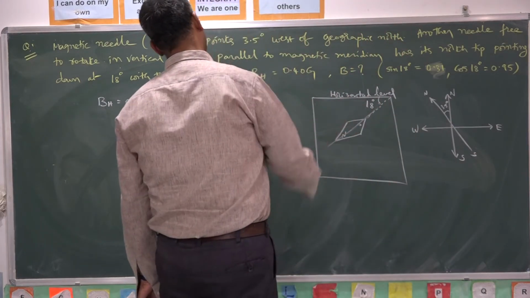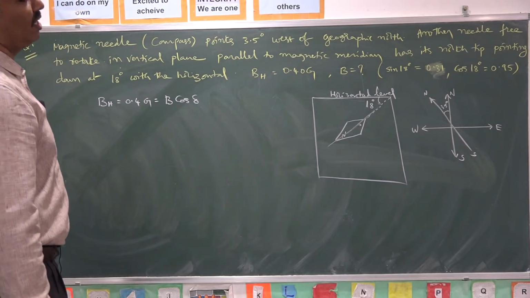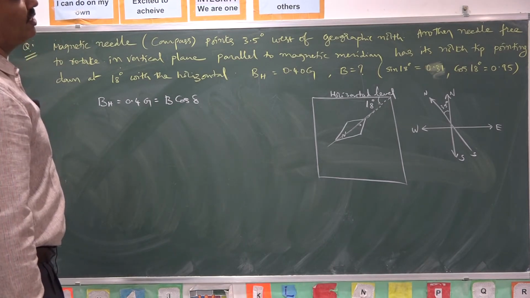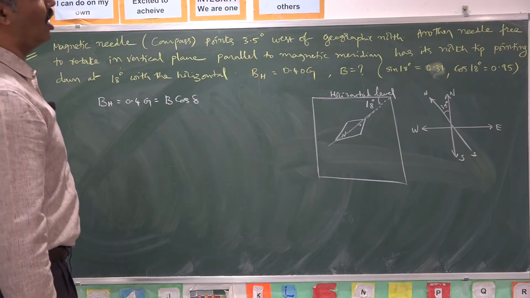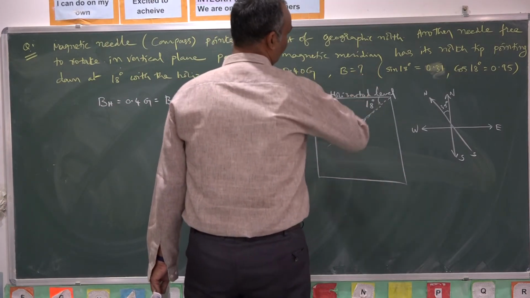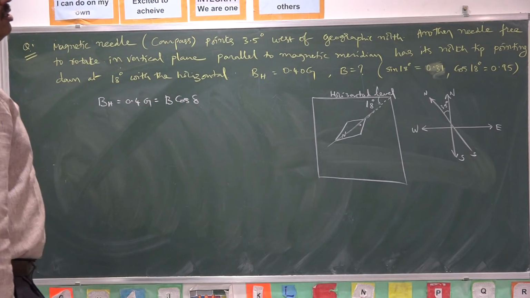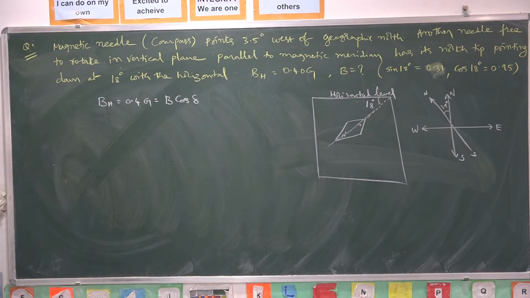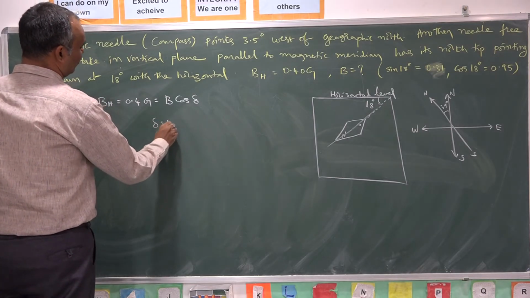The second needle, which is free to rotate in a vertical plane, tilts itself such that the north pole of the tip is pointing 18 degrees down with the horizontal. So, from this entire discussion, I may conclude that angle of dip delta is equal to 18 degrees.